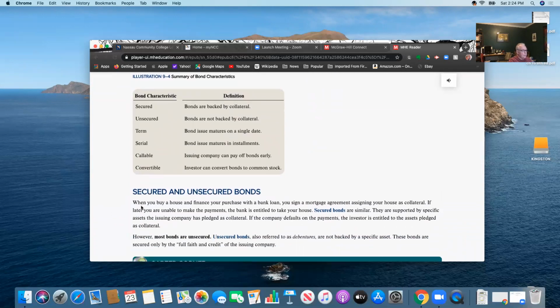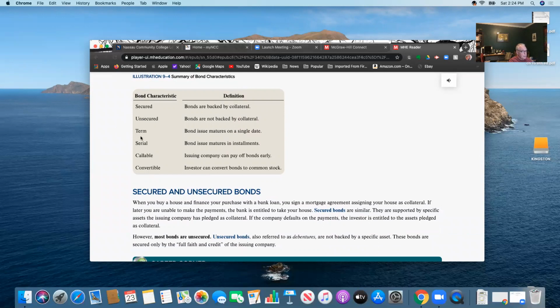Now here they're going to go through a lot of terminology. You can read this and look at the definitions of things. But just really quickly, bonds can be secured or unsecured. Secured means that there's collateral, something was pledged as collateral. Unsecured, there was no collateral. Term, all the bonds mature at once.